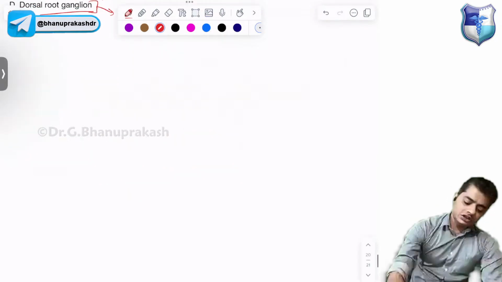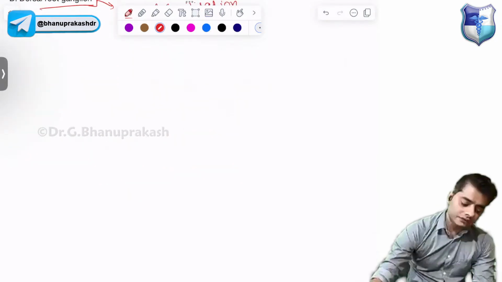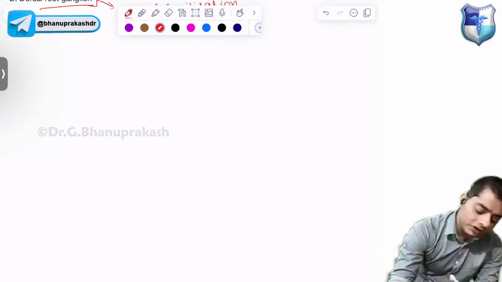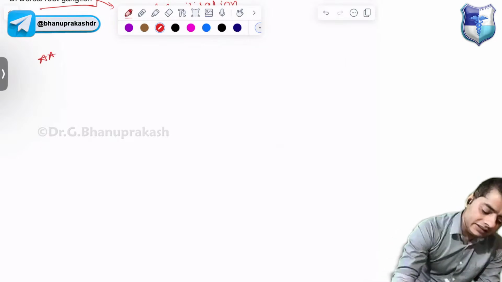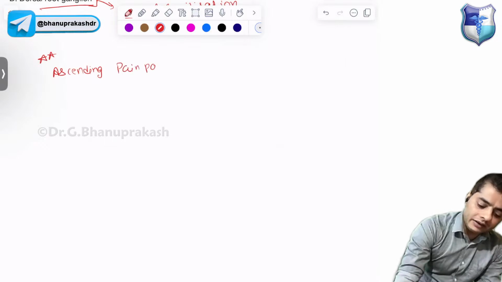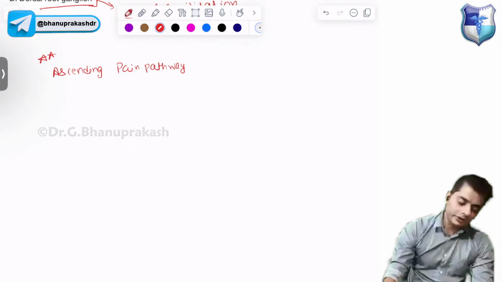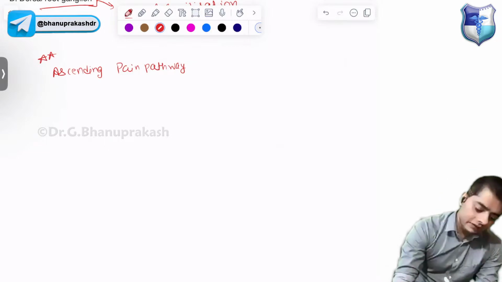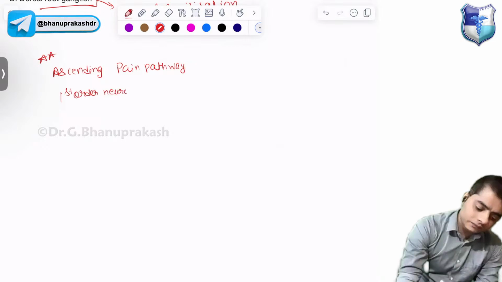Okay. Just before closing the session, the most important crux point I will tell you, and that is of the ascending pain pathway. Okay, ascending: the first order neuron is the DRG.